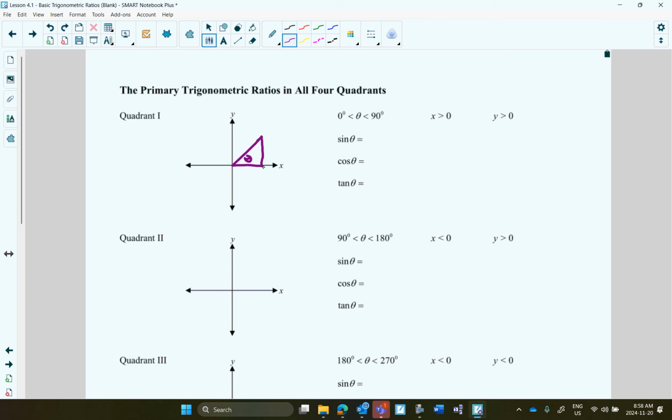You could put arrows, they could continue, but I need a triangle to actually do the trig ratios. Because if you remember, we always use right triangles and SOHCAHTOA, because each side of the right triangle has a name depending on where the acute angle we're talking about is.